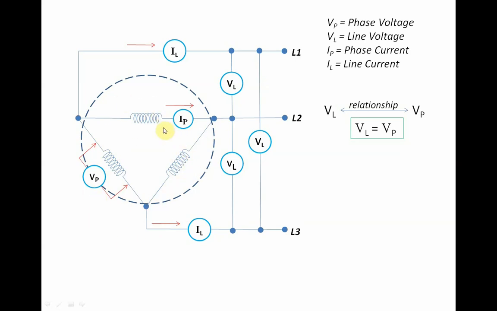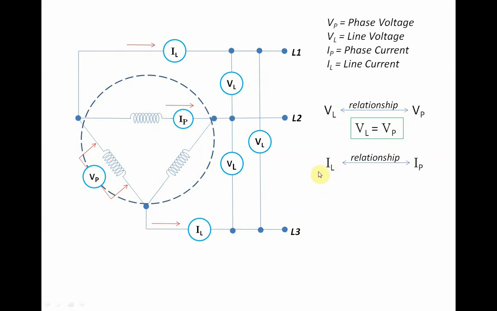In this case, the voltage here is the same as the voltage here at an instant. So therefore, VL is equal to VP, the phase voltage. Line voltage is equal to the phase voltage. How about the current relationship?